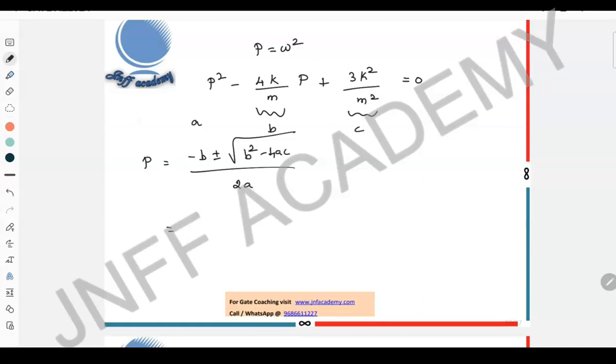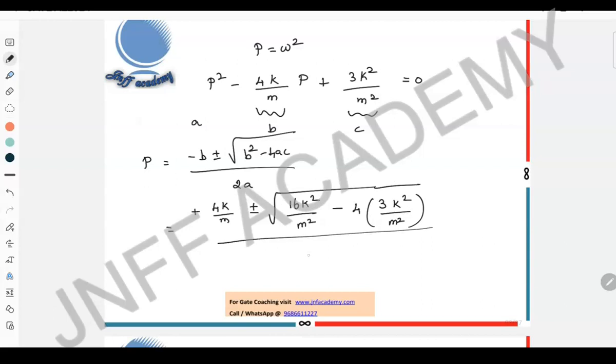Already one minus is there, so plus 4k by m plus or minus root of b square. So straight away we will write 16 k square by m square minus 4ac. A is 1, c is 3 k square by m square, divided by 2 times of a.